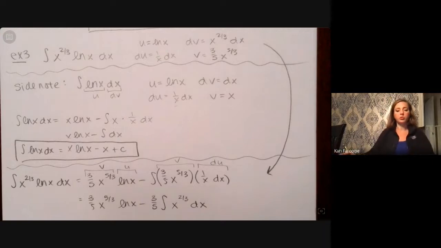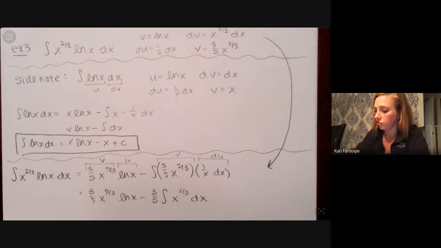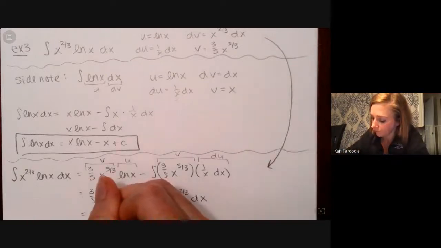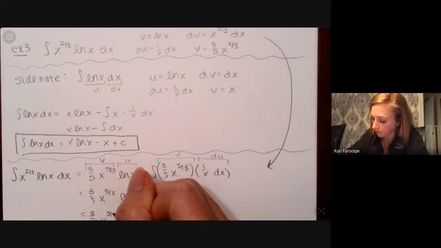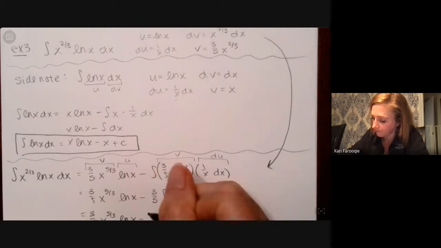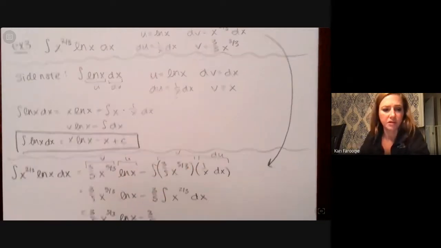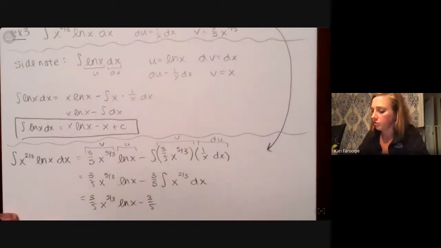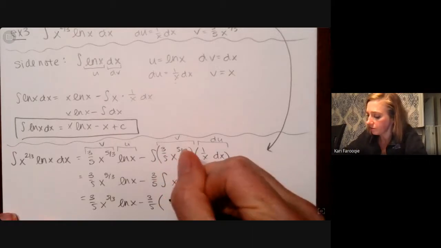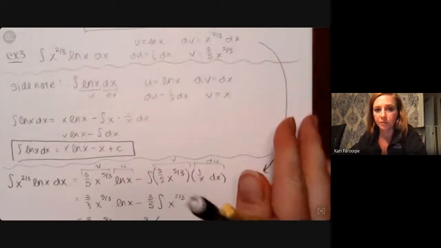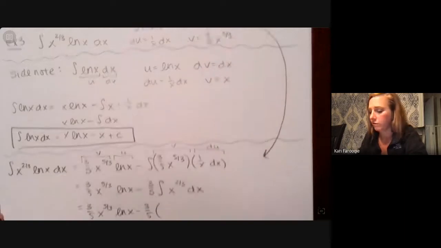And that's just because you took x to the 5/3 and divided by x. Using exponent rules, you end up with x to the 2/3. And again, the nice thing is you already took that integral. So in the next step, you don't need to do that again. You can just look at your work and rewrite that. So you'll have, minus 3/5 times, and then this integral we said was 3/5 x to the 5/3.